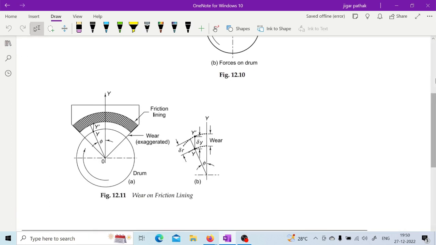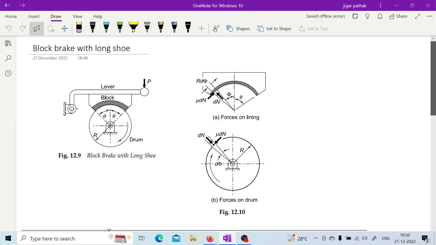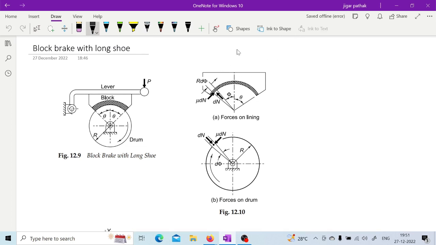Right, that is this particular block with long shoe. So in case of this block with long shoe, we cannot make that assumption directly that the normal load is acting equally on the full block. That is why they have considered this particular small element, r d-phi, and for that this dN is considered.